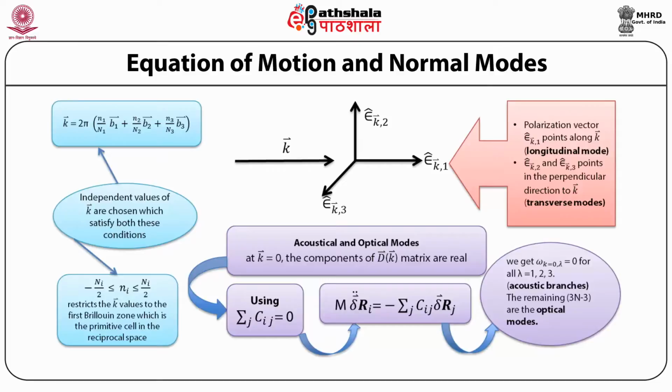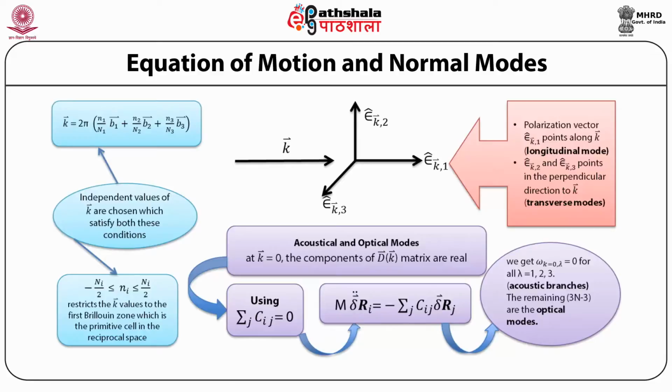Now let us analyze the long wavelength properties of the 3D lattice. From the definition of the matrix D(k), if you remember, it is clear that at k equal to 0, that is, at the center of the Brillouin zone, the components of the D(k) matrix are real.